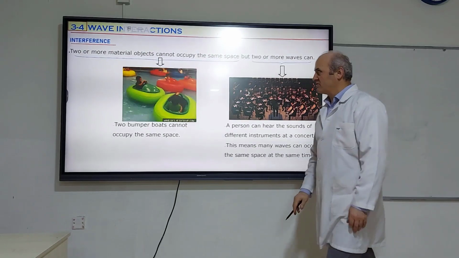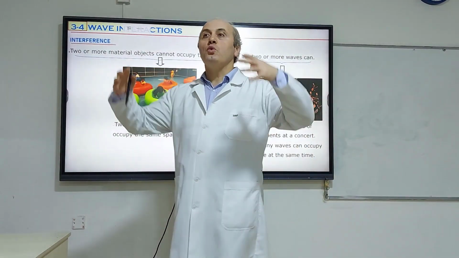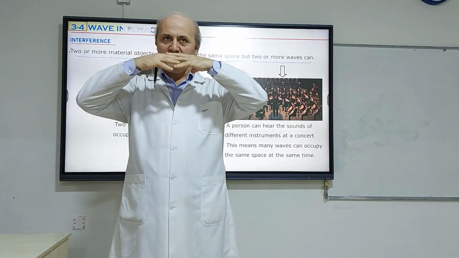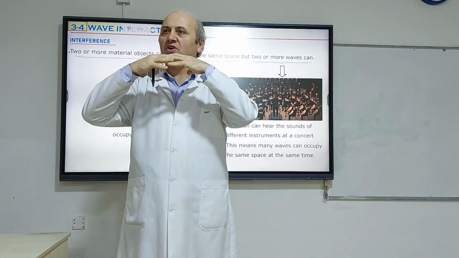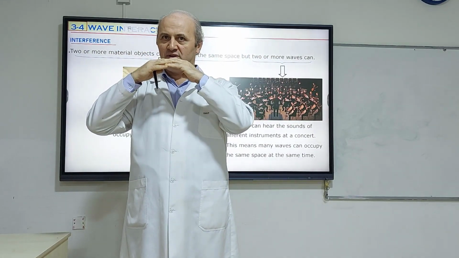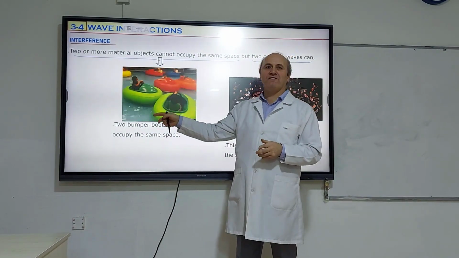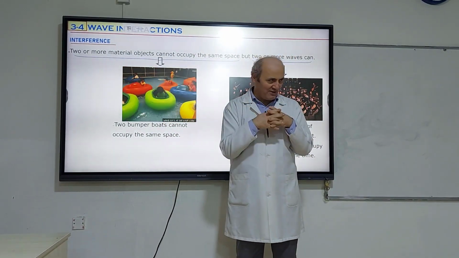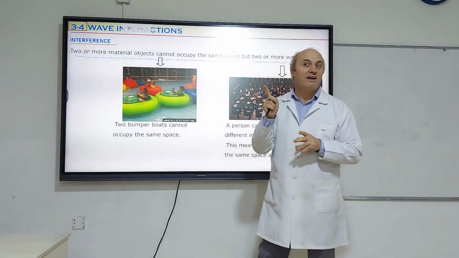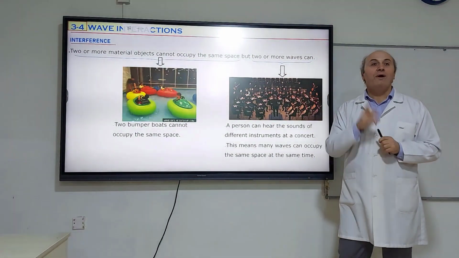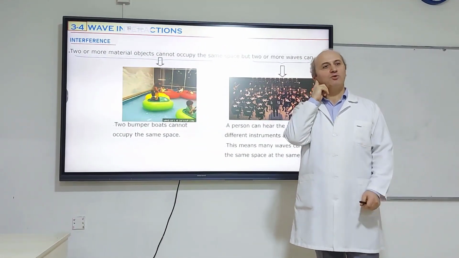What is interference? If two objects meet each other, or two waves meet each other, this is called interference. Material objects, when they interfere, cannot occupy the same space. But waves are not like this. Waves can occupy the same space, otherwise you could not listen to music.